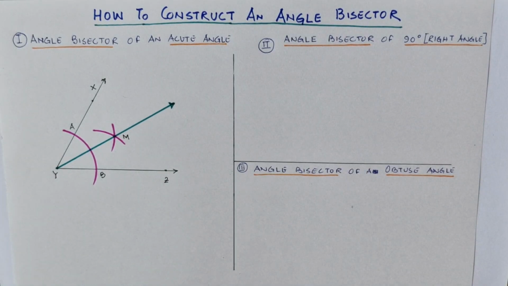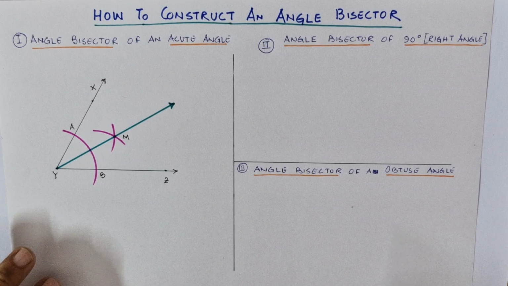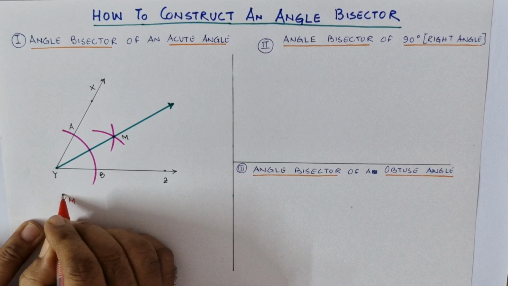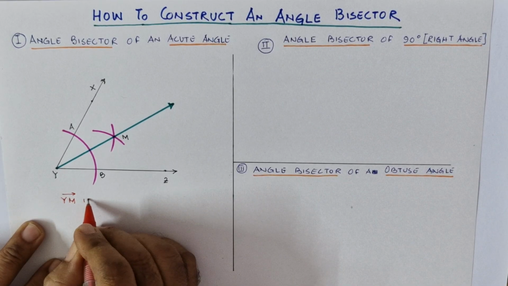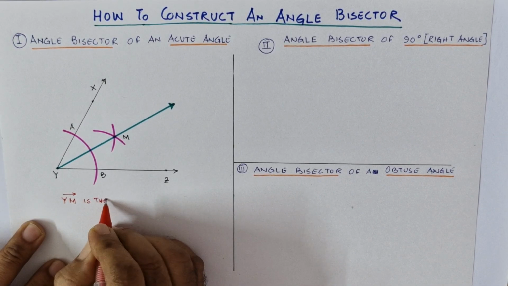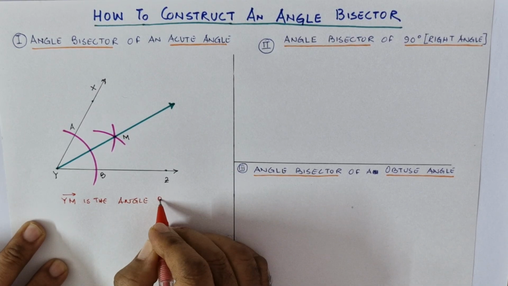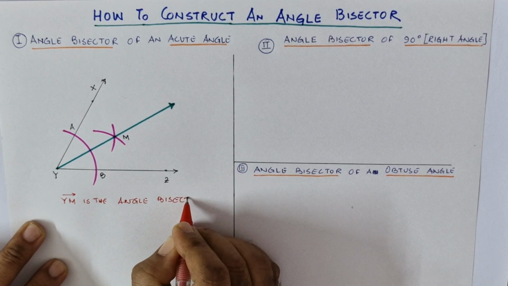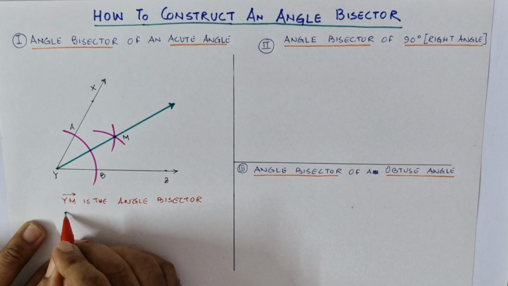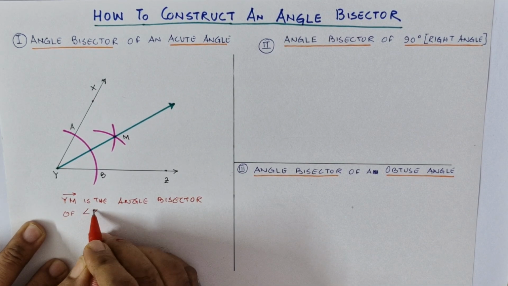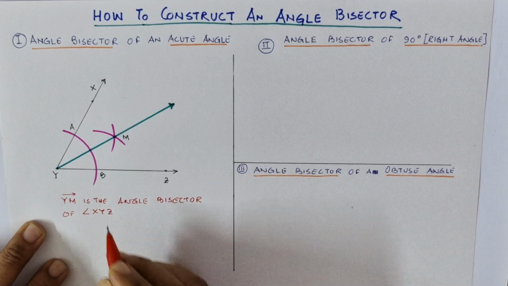Now this YM is the angle bisector. YM is the angle bisector of angle XYZ.